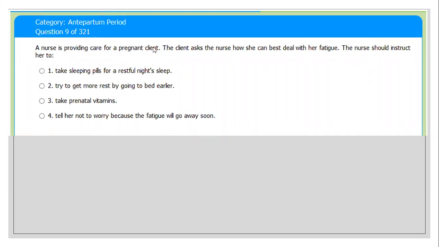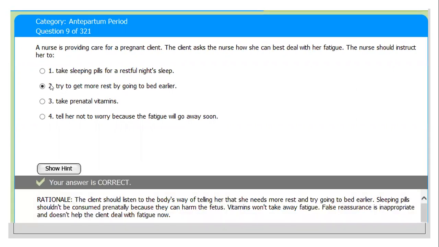So your patient is pregnant, asking you how to best deal with fatigue. The correct answer is: try to get more rest by going to bed early. Rationale: the client should listen to the body's way of telling her that she needs more rest and try going to bed early.